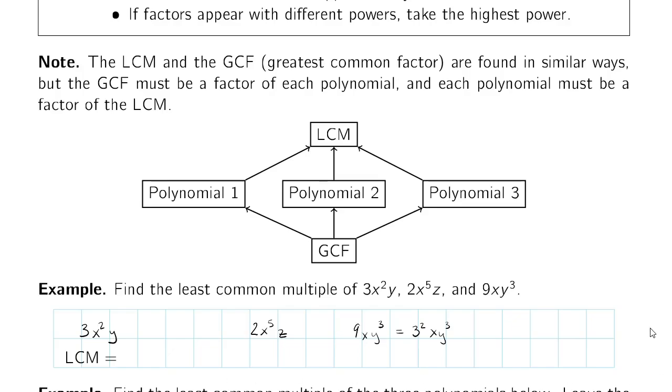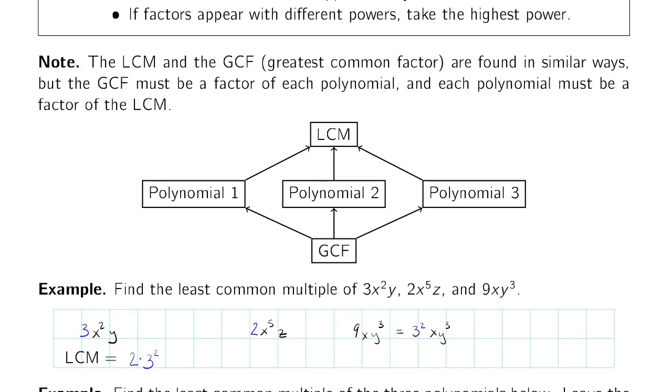So, looking at the numbers first. In my least common multiple, I'm going to need a 2 and 2 factors of 3. So I'll need a 2 times a 3 squared. Okay, that's not too bad. Now I'm going to go through the variables.